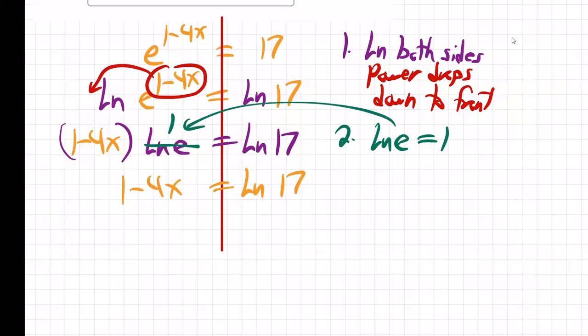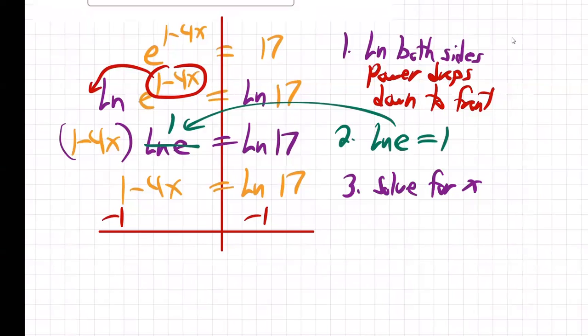So now, step 3. Solve for x. So how do we solve for x? We'll subtract 1 from both sides. We get minus 4x equals ln 17, take away 1.